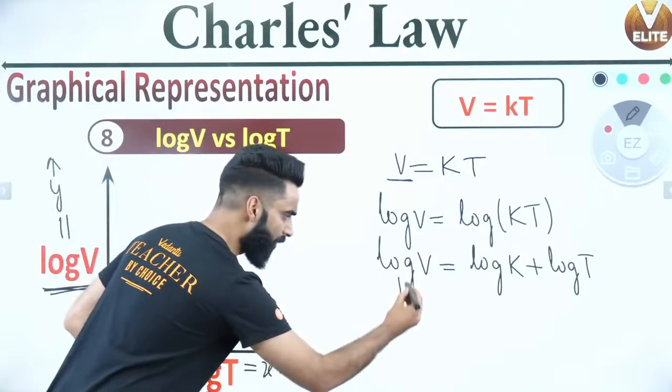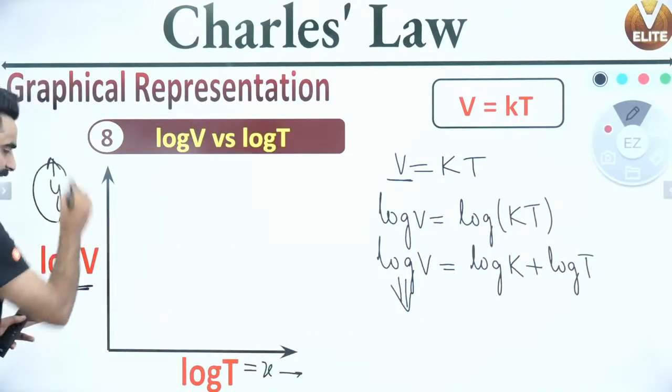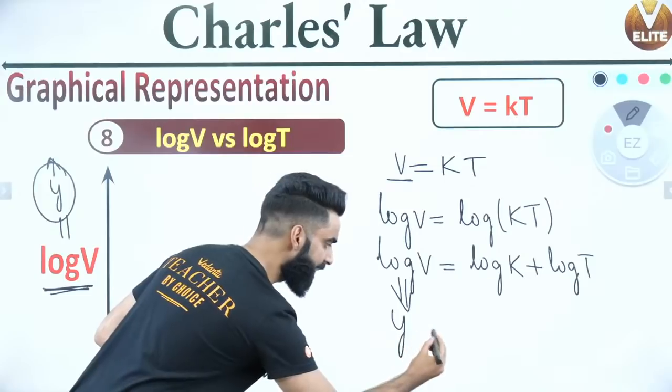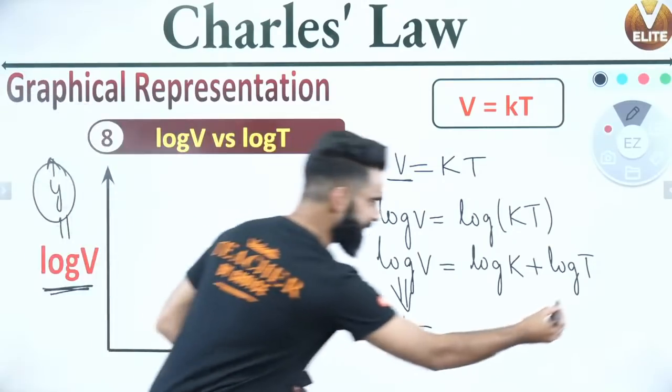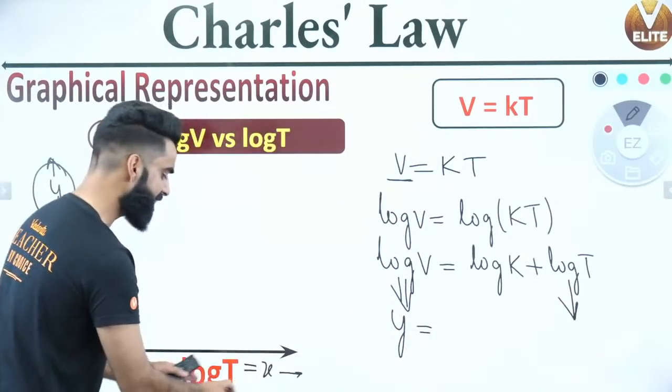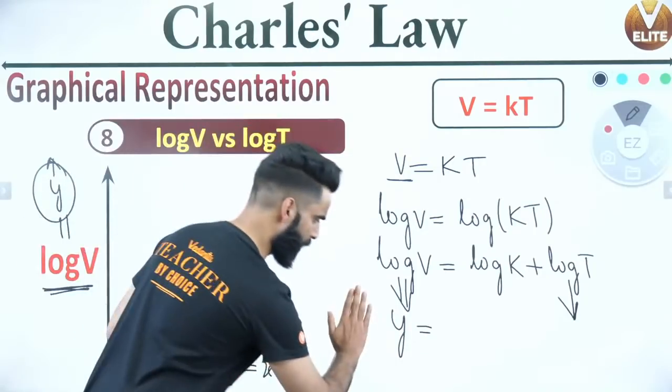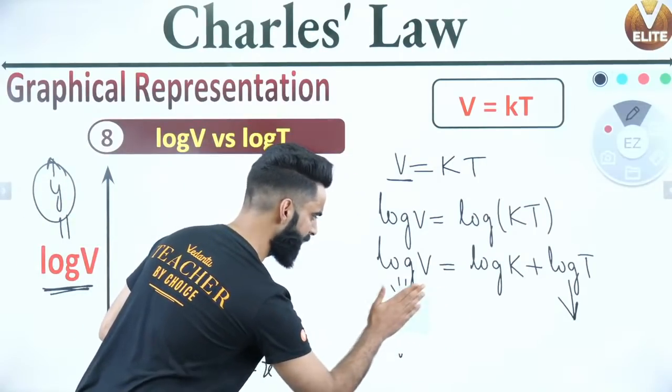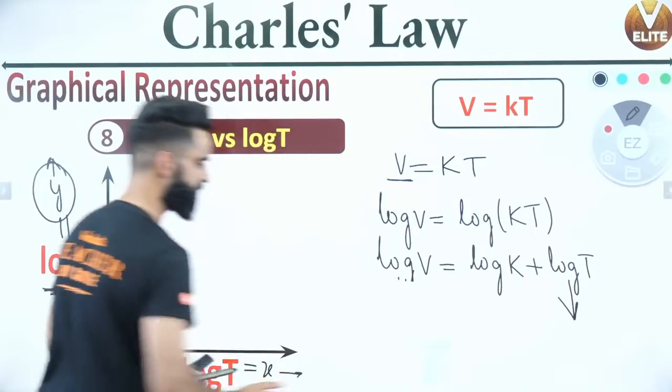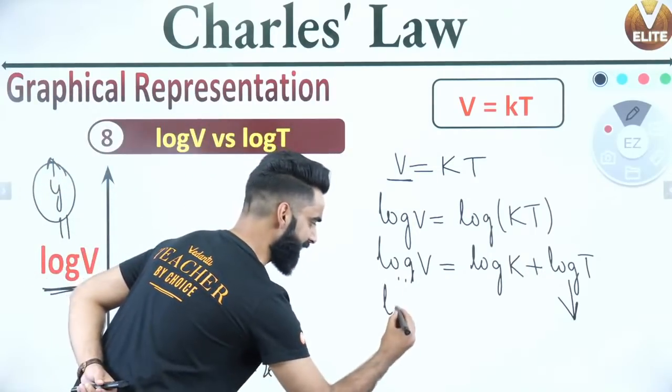Can I say instead of log V, I can use y. Or if you want to reshuffle this equation a bit so that there won't be any doubts at all, I can write it like this.